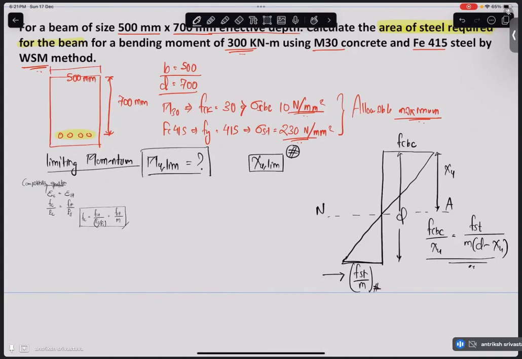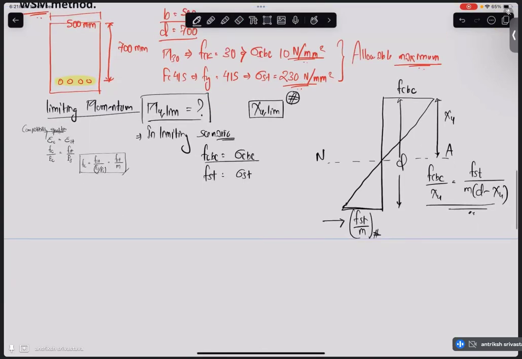So in the limiting scenario, what happens? FCBC becomes sigma CBC, FST becomes sigma ST. So you will have sigma CBC divided by XU limiting equal to sigma ST divided by M into D minus XU limiting.